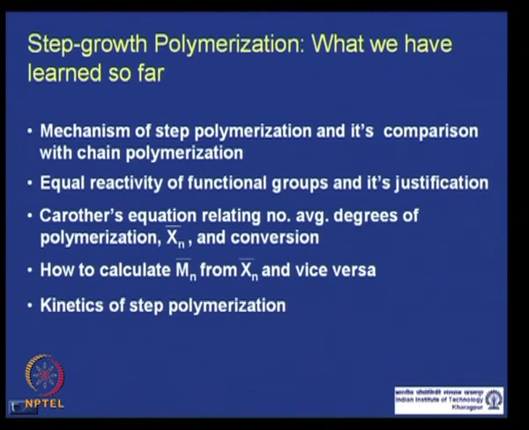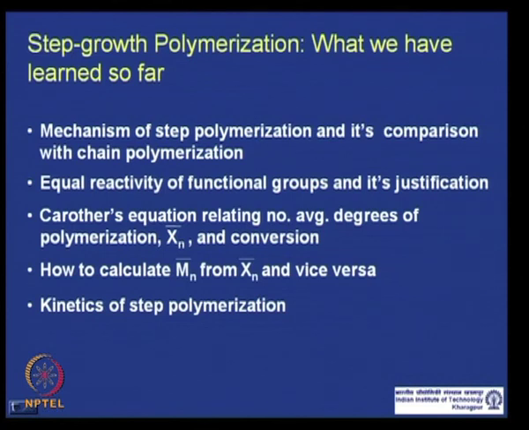And we have also seen that it is experimentally proven that once the length of the chain goes beyond a trimer, then the reactivity actually becomes independent of the chain length of the oligomeric species.